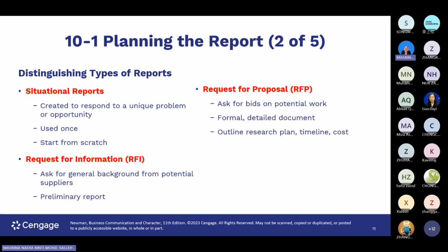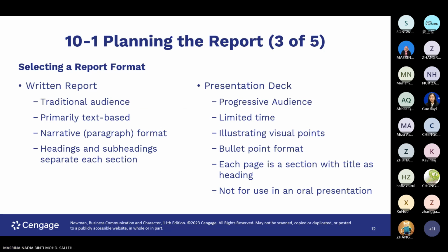Then you have reports to request something, to bid on something, to outline a research plan. That is under the proposal. And you also have a report on request for information, where you are formally requesting background or a preliminary report.